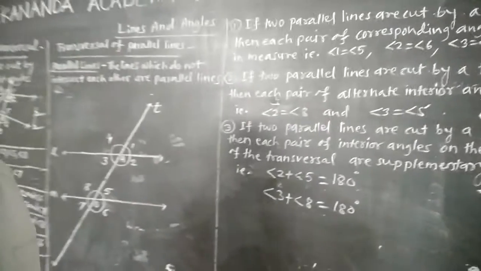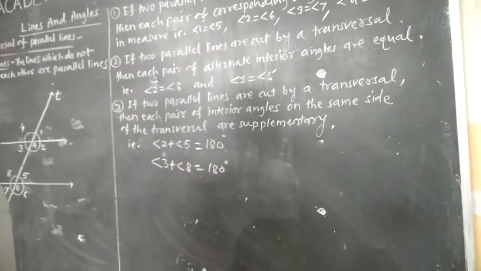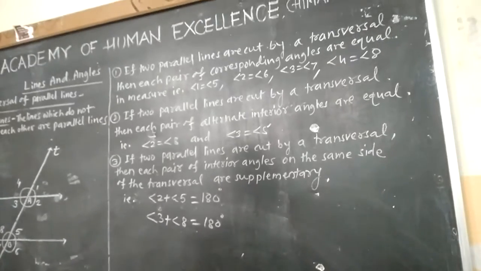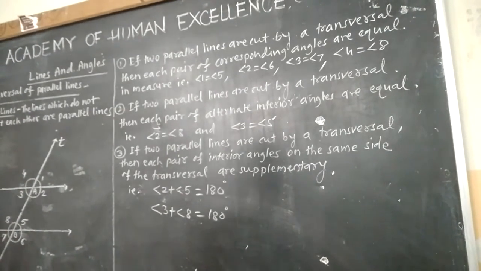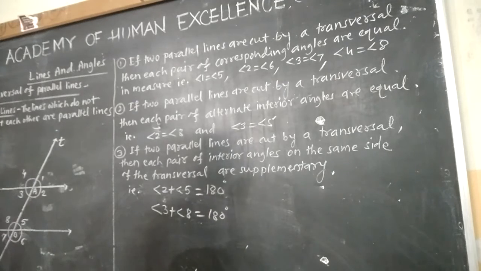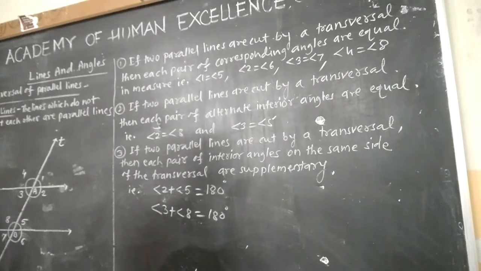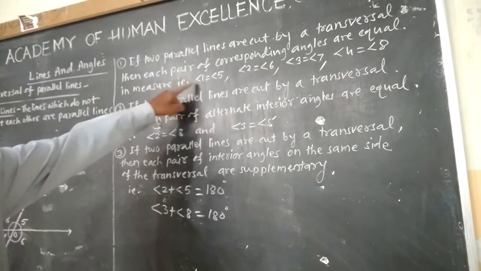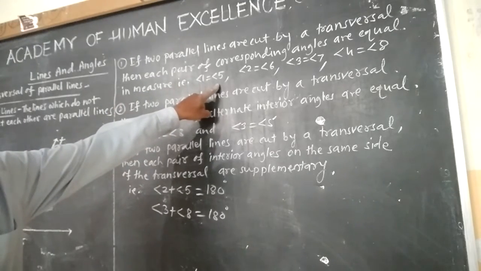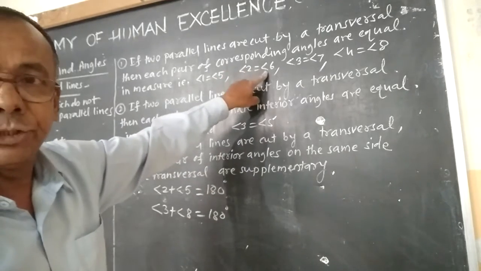It is given here in the property: if two parallel lines are cut by a transversal, then each pair of corresponding angles are equal in measure. That is, angle 1 and angle 5 are equal in measure. We have seen that angle 1 and angle 5 were both 60 degrees.